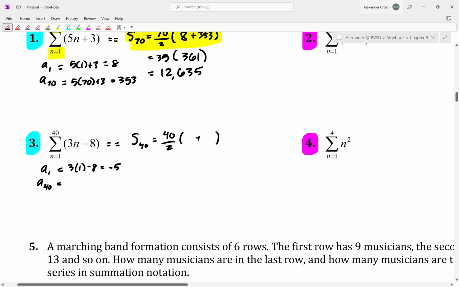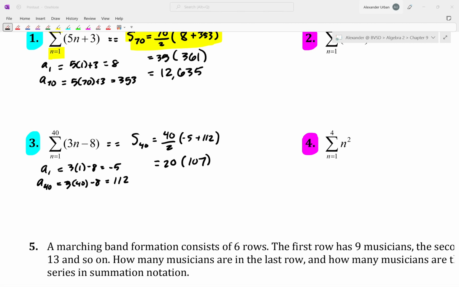And then our 40th term is 3 times 40 minus 8. And that's going to be 120 minus 8, which is 112. So this is negative 5 plus 112. This will be 20 times 107. So 20 times 107, we're going to get 2,140.